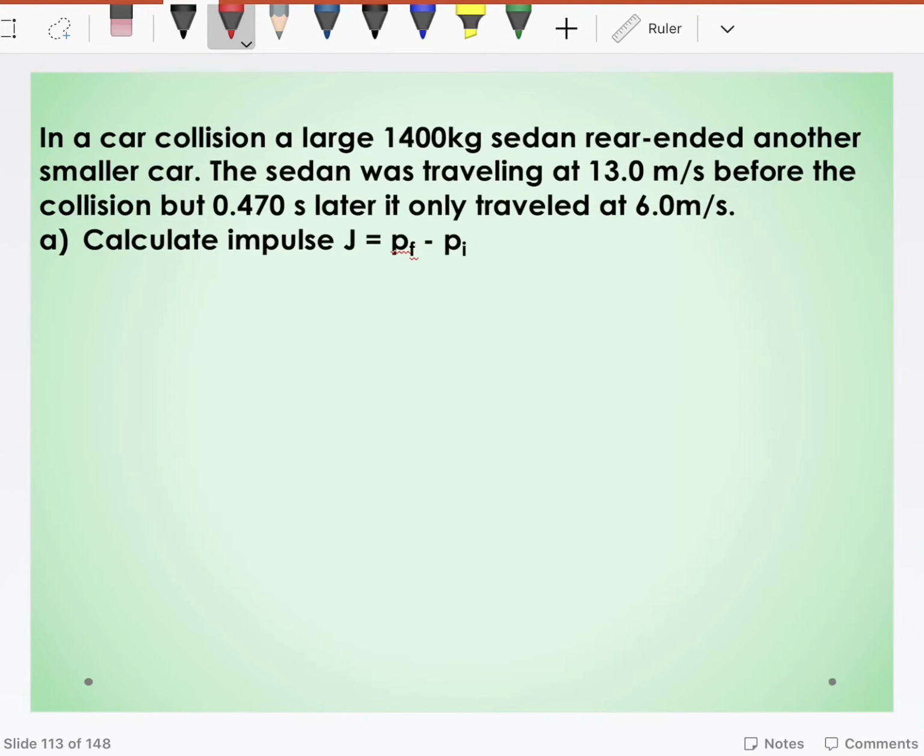The same car collision, all the same values, but now we're going to use this formula. Based on the concept that impulse is equal to change in momentum, we will use final minus initial momentum. So now we have to think, how do we calculate final and initial momentum? Momentum is mass times velocity. So this is how I'm going to show this.